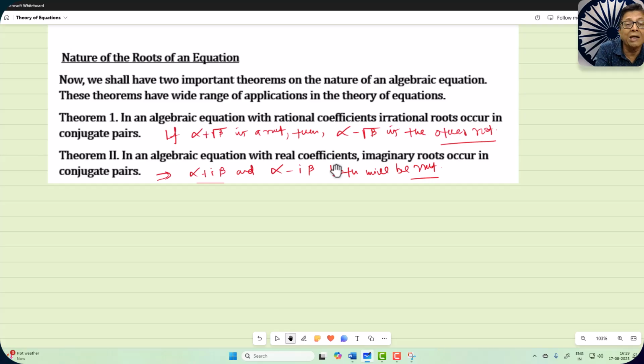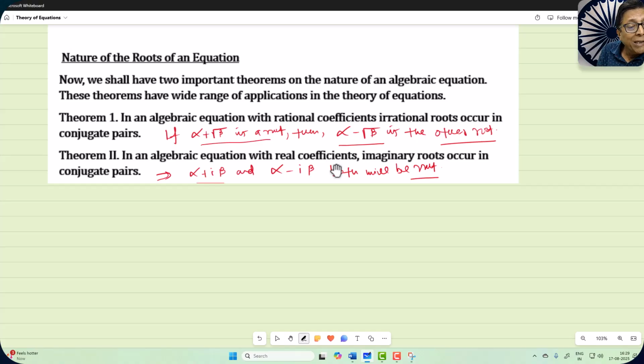We are not stating that coefficients are of all kinds, maybe real, maybe complex, no. We are not considering equations with complex coefficients right now. In coordinate equations I will discuss it a little, but not here. In an algebraic equation with real coefficients, imaginary roots occur in pairs, or if α + √β is a root, then α − √β is the other root. They are all real coefficients.